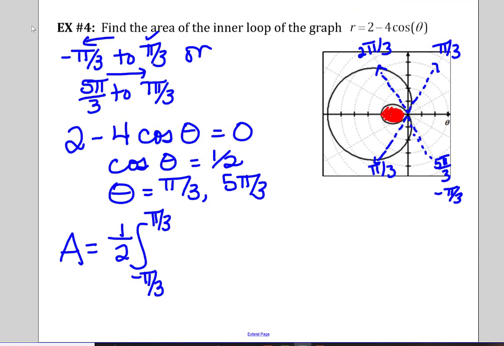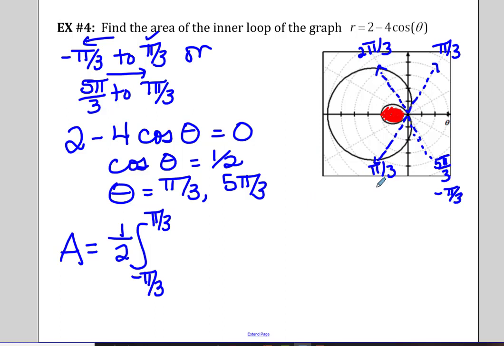Here in example 4, if we want to find the area of the inner loop for the graph of this limaçon with the inner loop, we want to recall where the auxiliary graph makes the inner loop. That's where the negative r values are. And solving algebraically, I find that 2 minus 4 cosine θ is 0, either at π over 3 or 5π over 3.